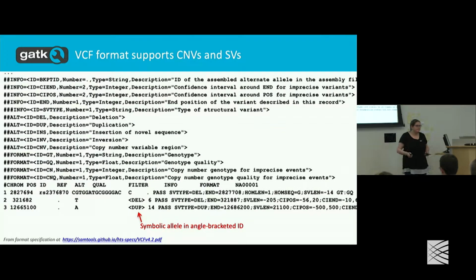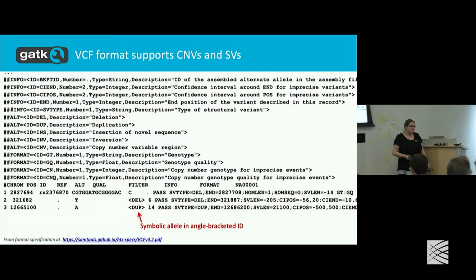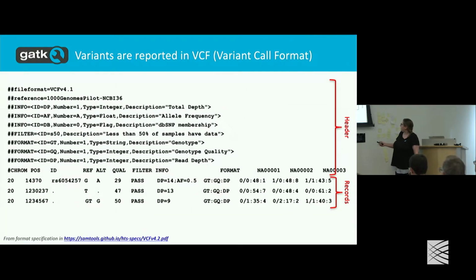Yes? What's the difference between, I think you said read depth versus different, those columns after it? NA, 01, 02, 03? What are those ones called? The 01 versus 02? So each of these are different samples.